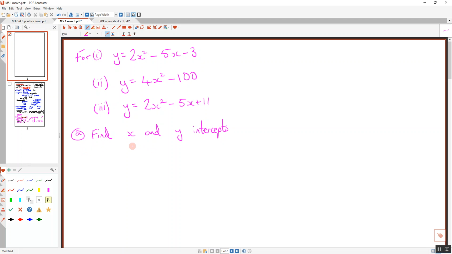Part of this means you have to factorize if possible.